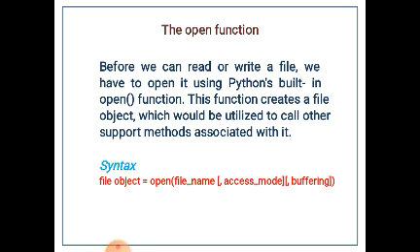This function creates a file object which would be utilized to call other support methods associated with it. So what the open function does is create a file object, and that file object may be used to call other support methods associated with it. So either to read or to write, we have to open the file.